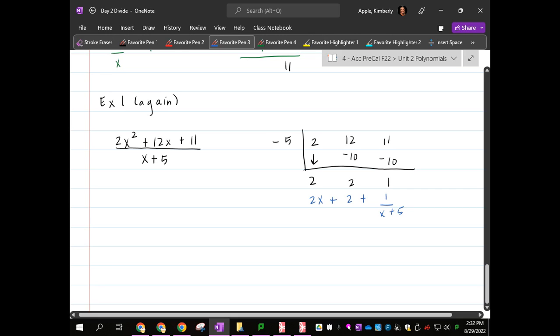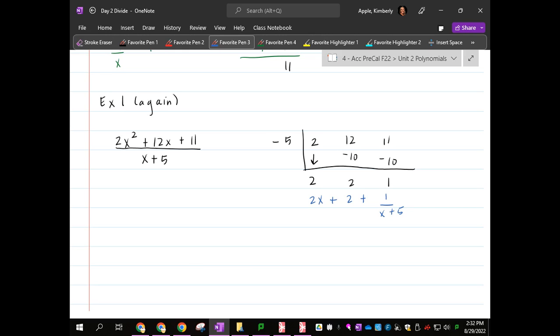Let's do the other two examples. Could you change it? Like if there was a problem that did have a coefficient or an exponent, you can't change the factor. Can we do a problem like that in class and work it out? Yes. Go back and do example 2 like that, see if you get the same thing.